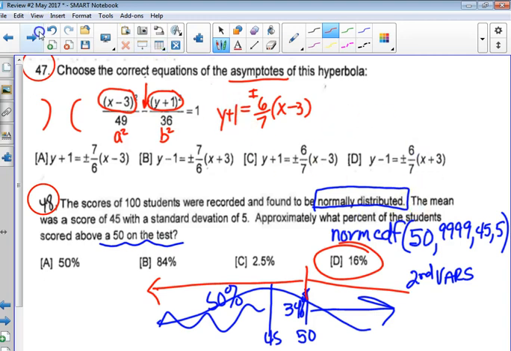And if it is a free response question, I would take either the 15.6 or 16%, okay? Yes. Norm CDF, and then the minimum, maximum, or it's called lower and upper, and then the mean and the standard deviation. Is that better? Yes.